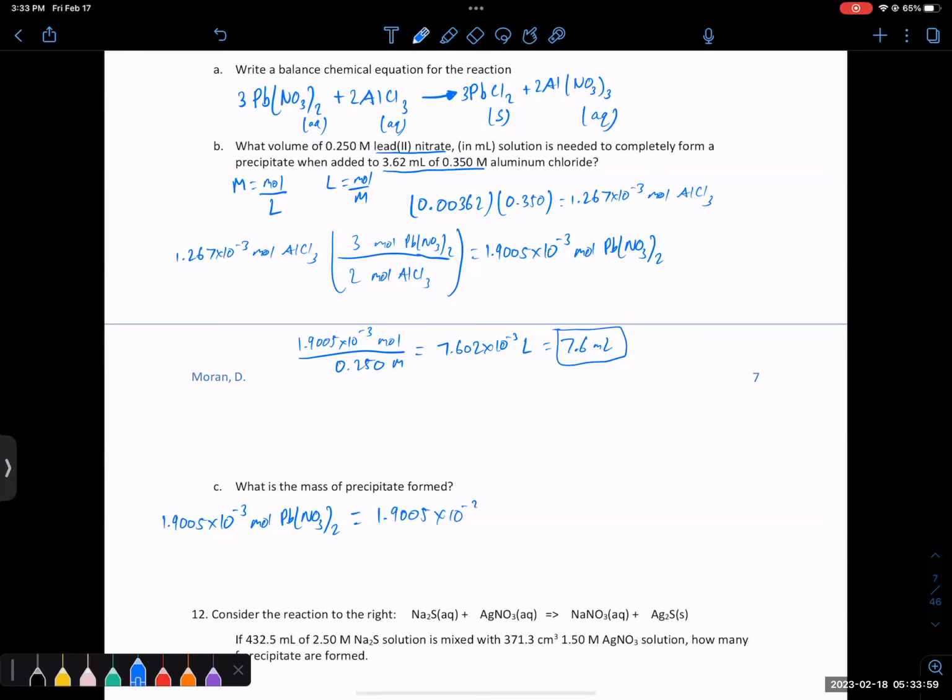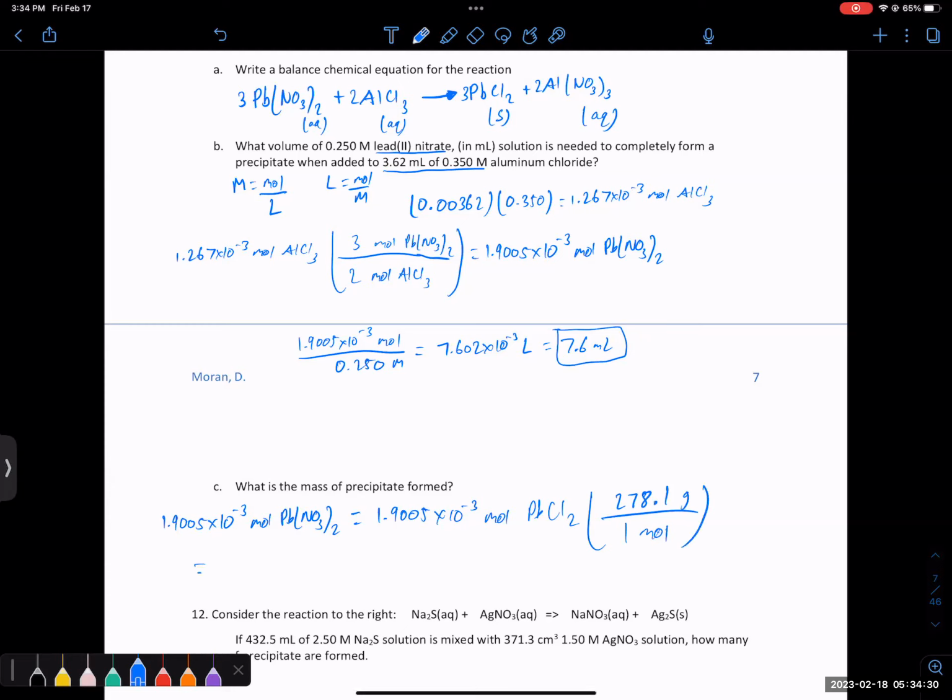So 1.9005 times 10 to the minus 3 moles of lead two chloride is multiplied by the molar mass. I don't remember the molar mass for lead off the top of my head, but it's on the screen. 1 mole of PbCl2 is 278.1 grams.